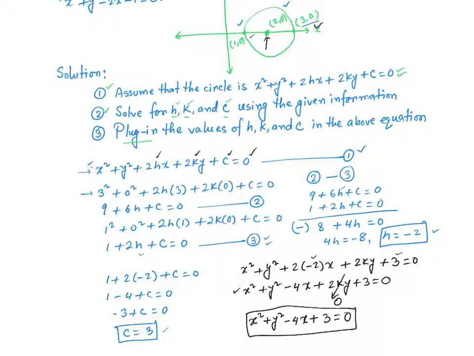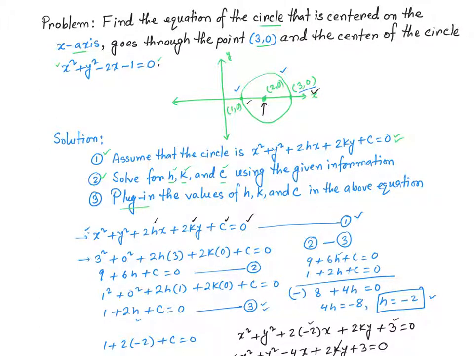We use the information that it goes through the point (3, 0) and it goes through the point (1, 0), right? And by using those, I get the values of h and c. Then I plug those in. Now we know that the circle is centered on the x-axis. Its y-coordinate then must be 0. So we assume that k is going to be 0. If we do plug in k equal to 0, we get the final equation, which is x squared plus y squared minus 4x plus 3.